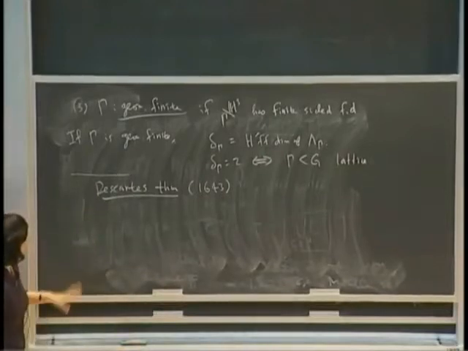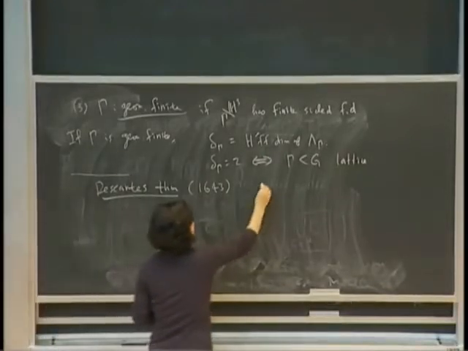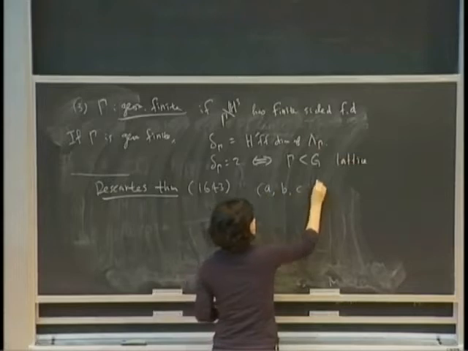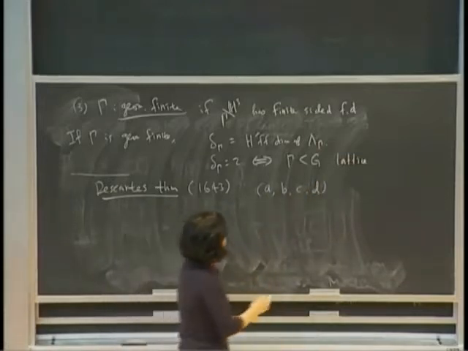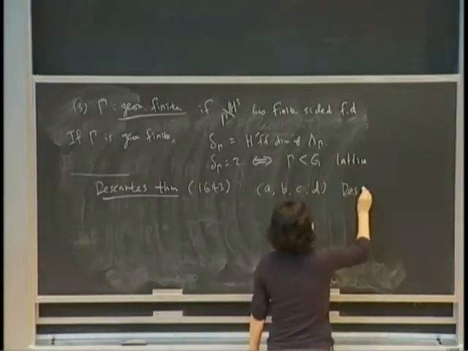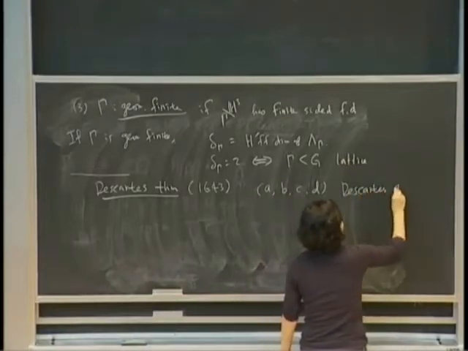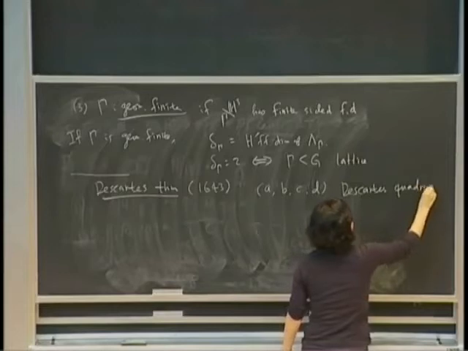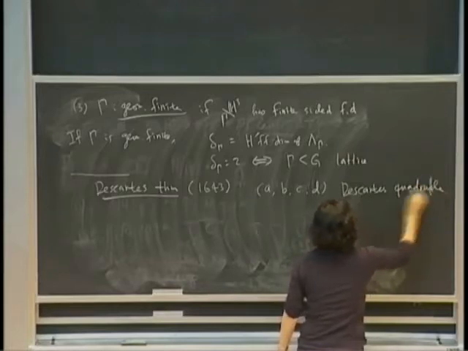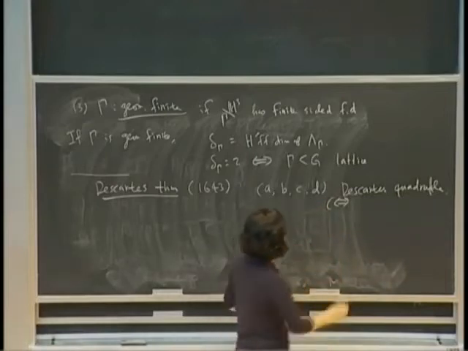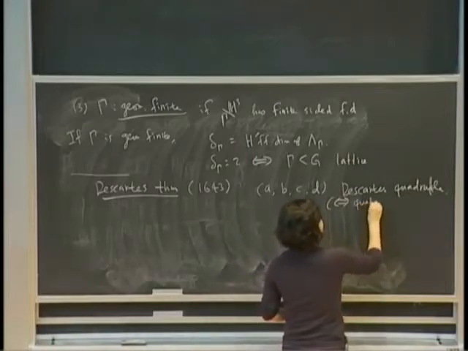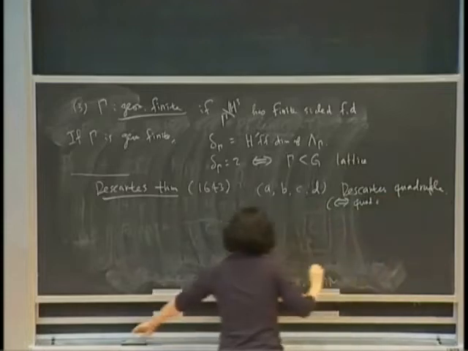The theorem says that you start with any quadruple of 4 real numbers. Let A, B, C, D be any quadruple of 4 real numbers; it is called a Descartes quadruple if it is the curvatures of 4 mutually tangent circles.